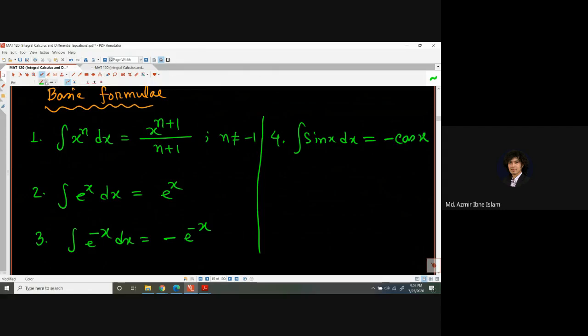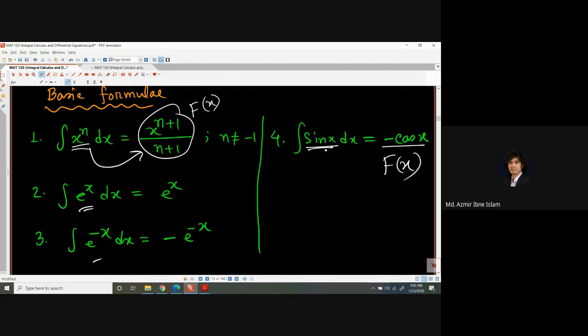Whatever result we get after integrating is called the antiderivative, capital F(x), and these are the main functions. Sine x is the original function, and this is the antiderivative, capital F(x), while the original function is small f(x). You have to understand that this relation always holds.